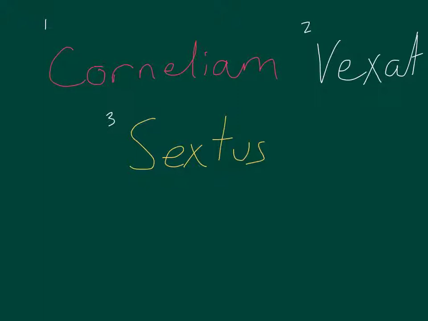But when we look at the endings, we see that Cornelia has that Corneliam ending, Sextus still has that traditional US ending, so it still means Sextus is annoying Cornelia.